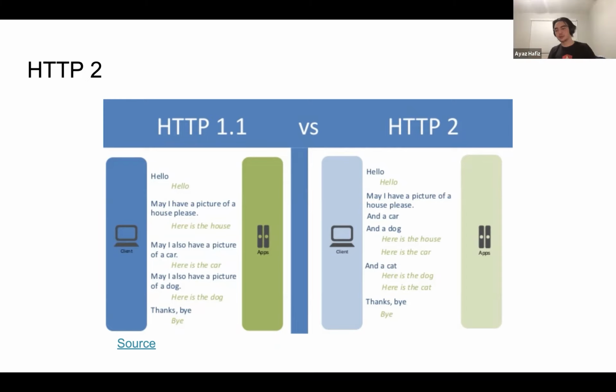So one request doesn't block any other. Like if the server is ready to send data back, that server will send the data back without waiting for other requests to finish, right? Yep.